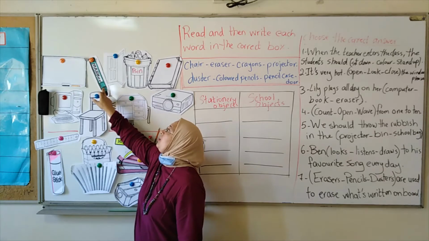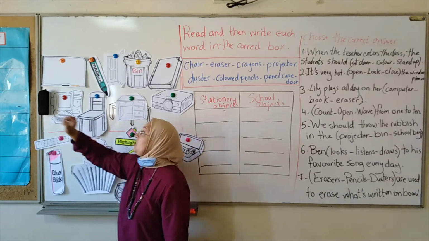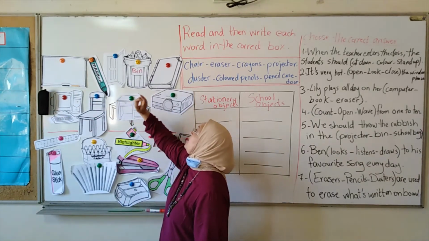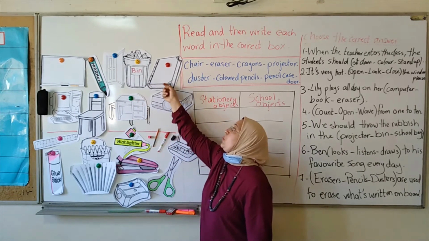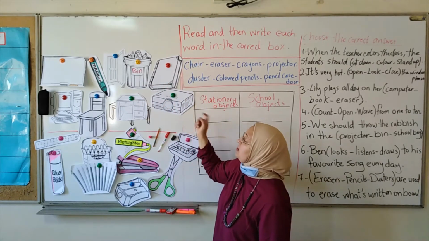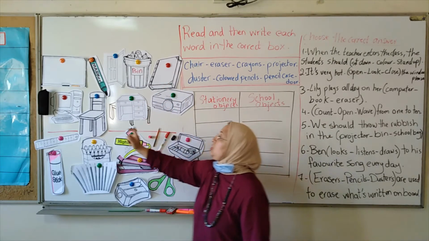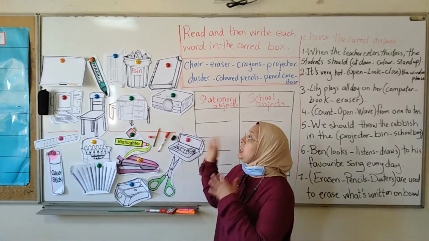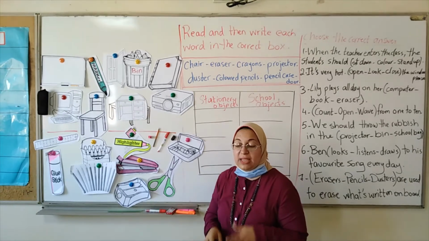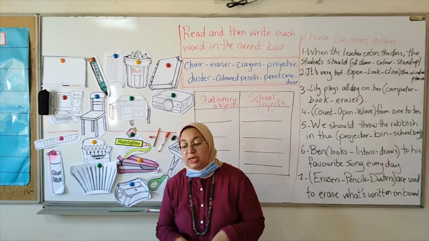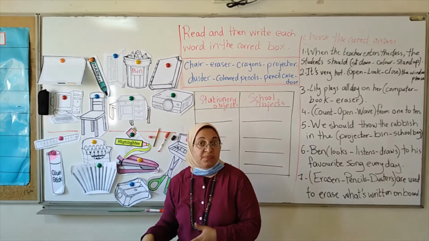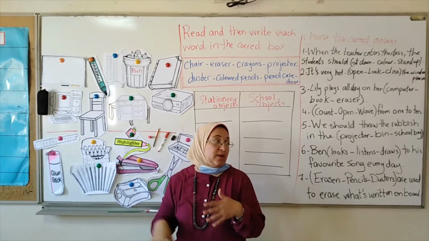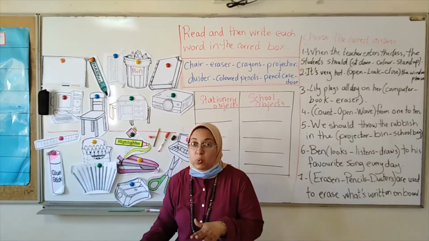Boards, marker, duster, door, bin, book, projector, desk, chair, computer. So these things are called school objects. I use them inside my classroom here, but I leave them here, and when I go home, I just leave them in the school.